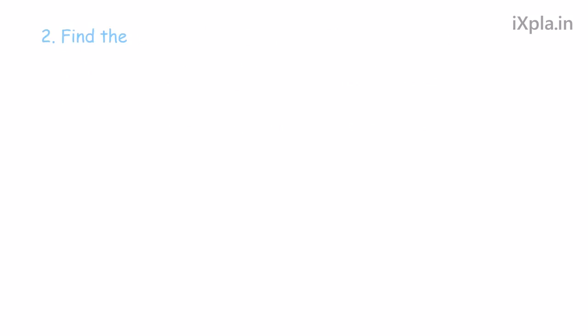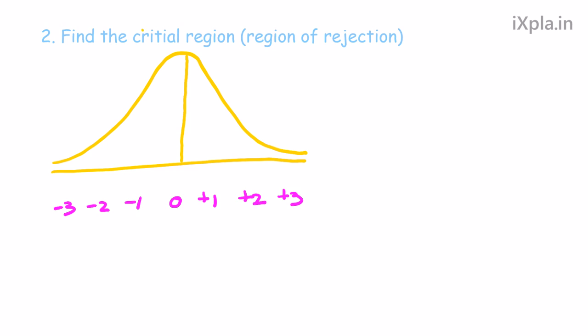Next step, we need to find the critical region. What I've drawn here is a distribution of sample means with the z-score number line drawn in.